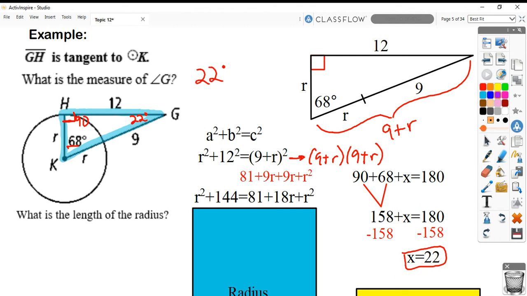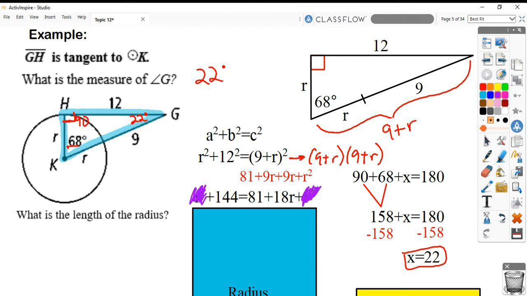No matter what, that's always going to be equal. So you can just drop it out of there. Those two things cancel each other out. We don't need R squared as part of this problem anymore. And isn't this equation, 144 equals 81 plus 18R, a lot easier to deal with than anything with R squared?